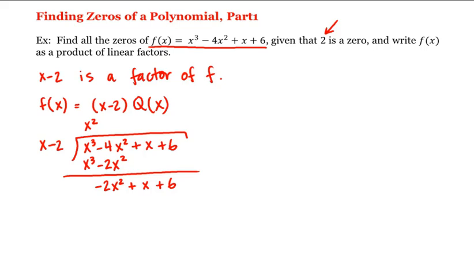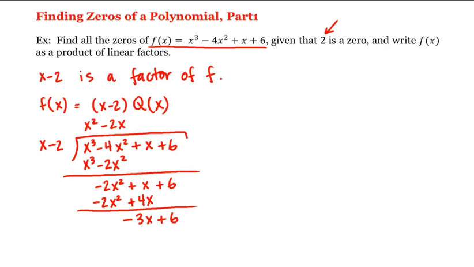And now x goes into negative 2x squared, negative 2x times, and negative 2x times x minus 2 is negative 2x squared plus 4x. Again, subtracting, we get negative 3x plus 6.